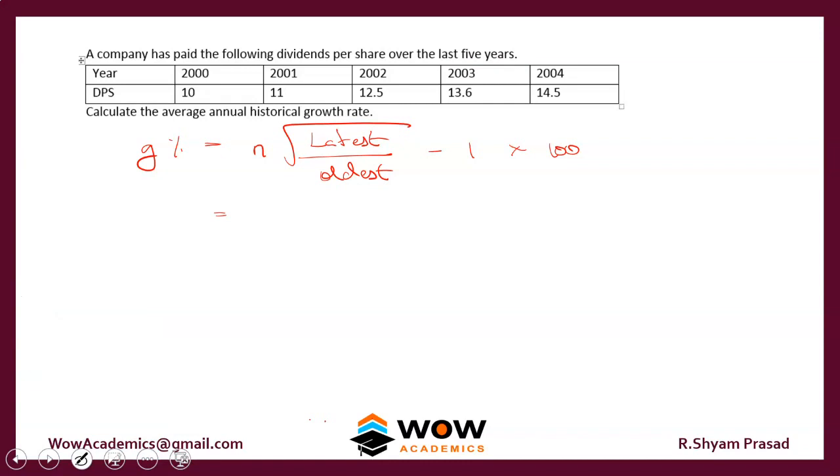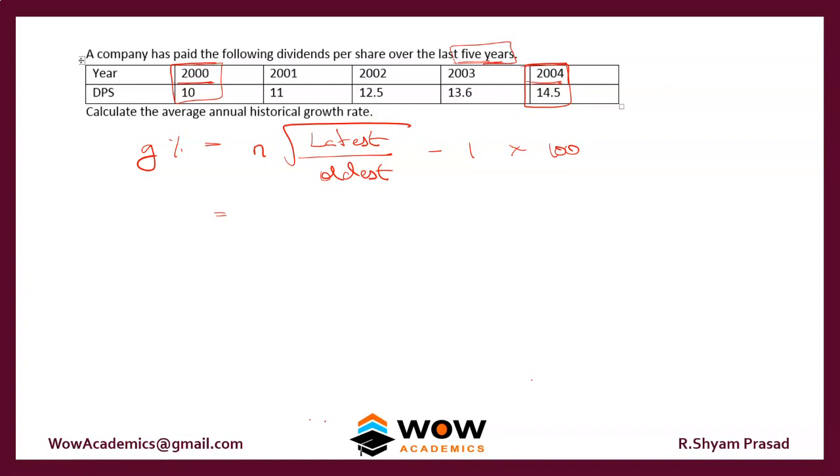In the question, if they just give you years, then you can take 5 years. But if they give you the first year as 2000 and the latest year as 2004, then you can't just take 5 years. You have to count it.